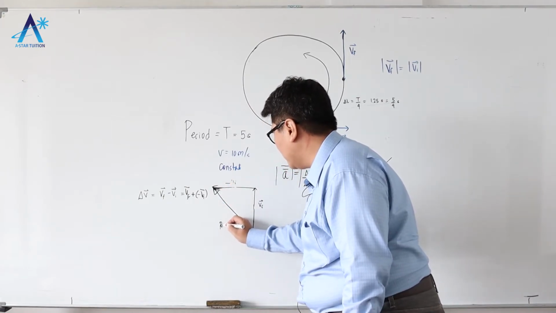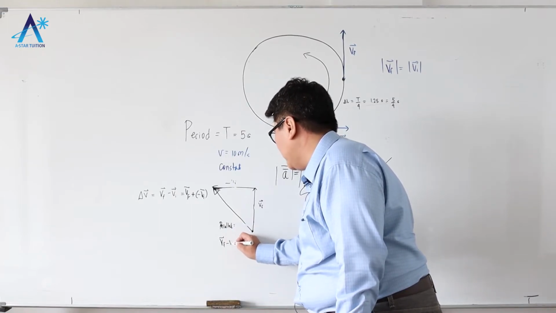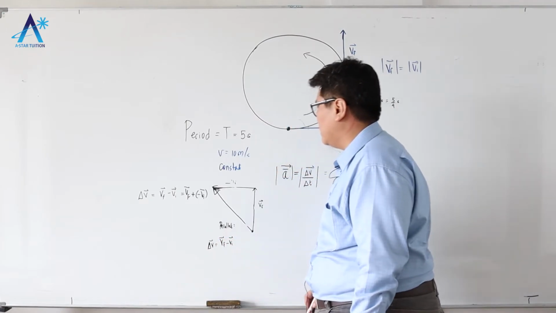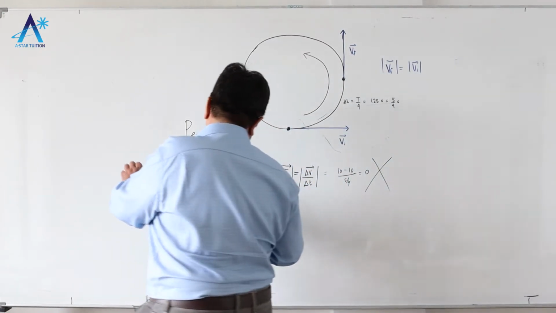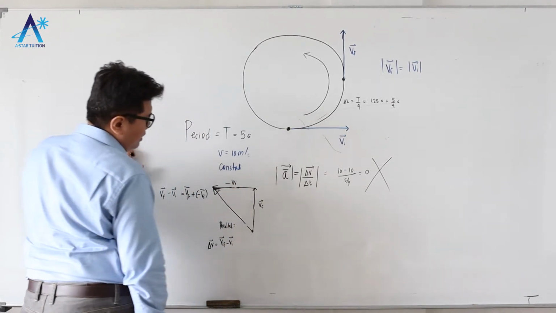This is the resultant, which is equal to vf minus vi, which is equal to delta v, the change in the velocity vector.